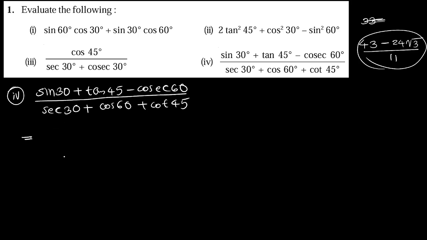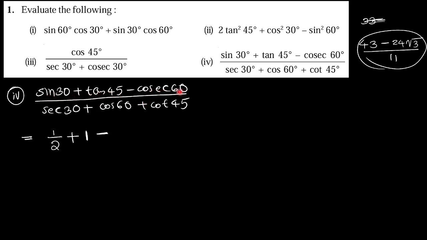So smaller steps you can skip. Sin 30 is 1 by 2. Tan 45 is 1. You can refer to the table, but you have to memorize the values. In exam, they will not give the value, okay?